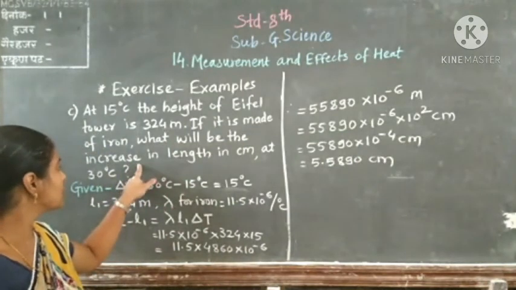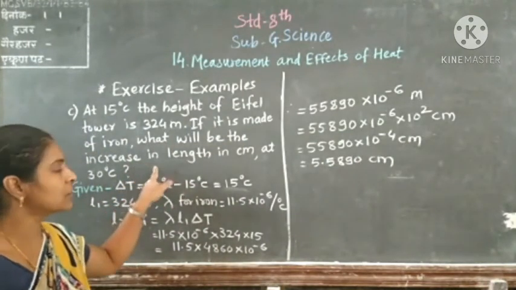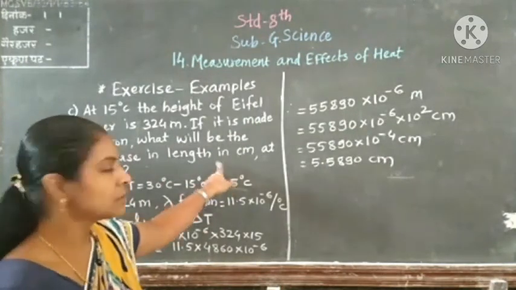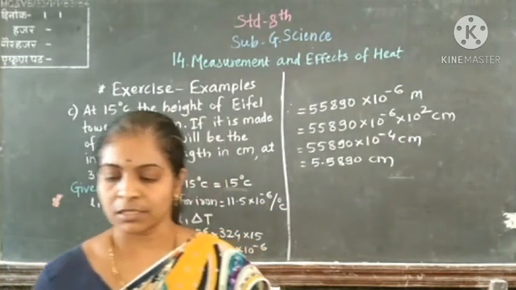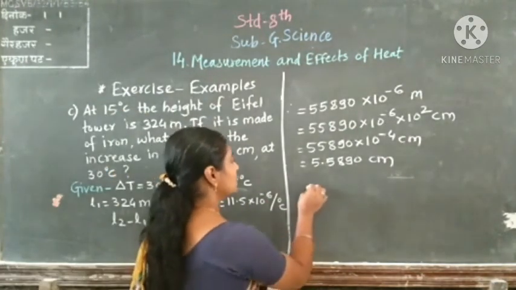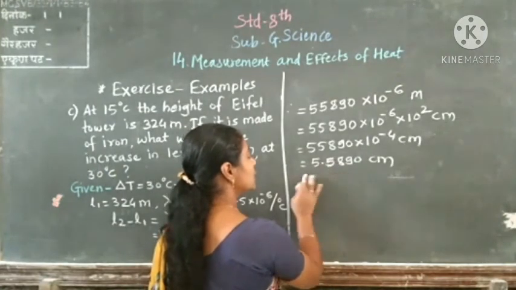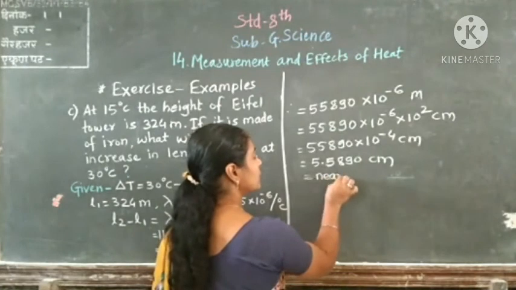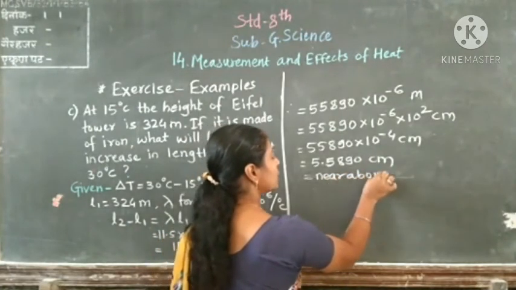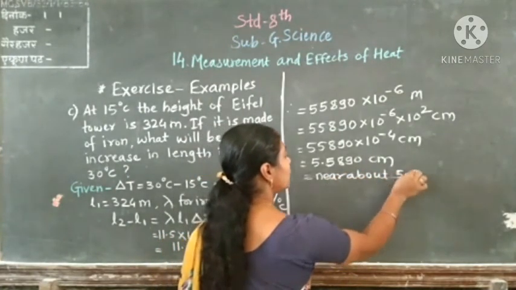So this is the change, increase in the length at the 30 degree Celsius. So here 5.5, that is near about 5.6.